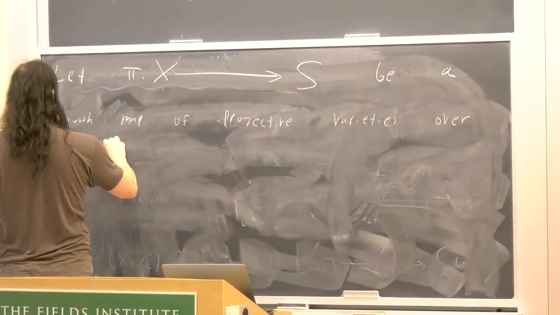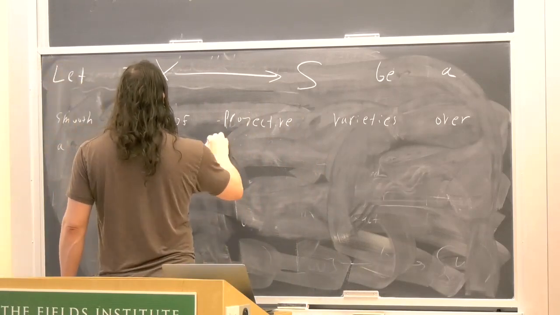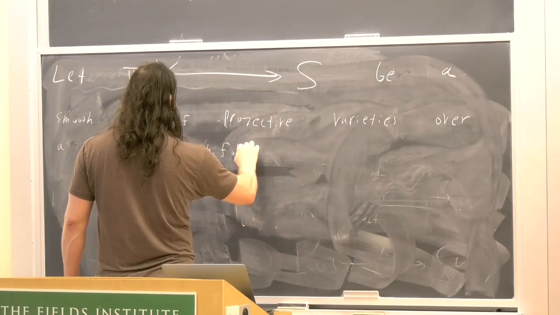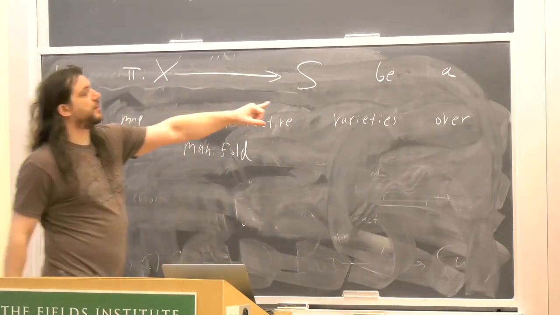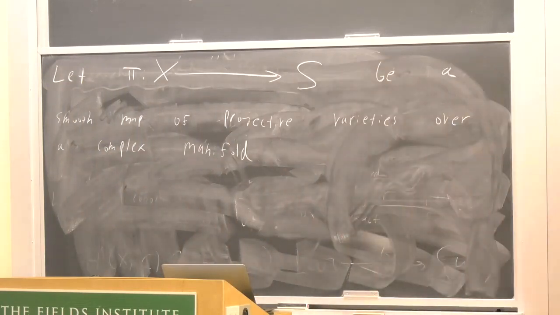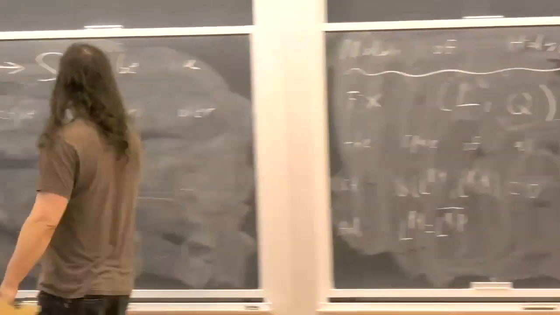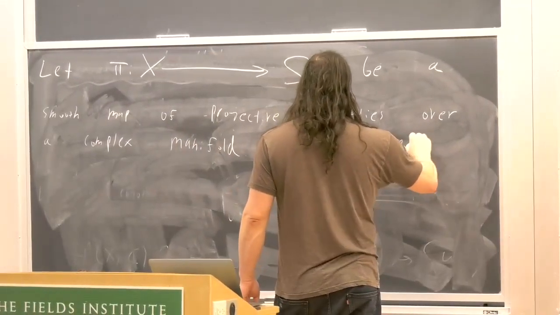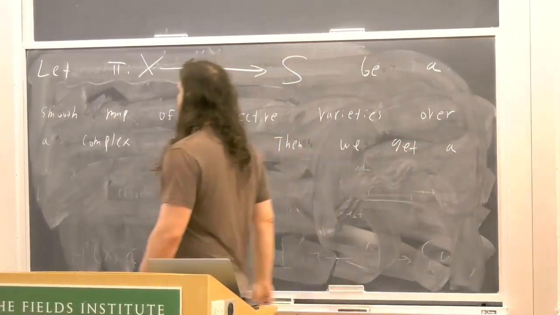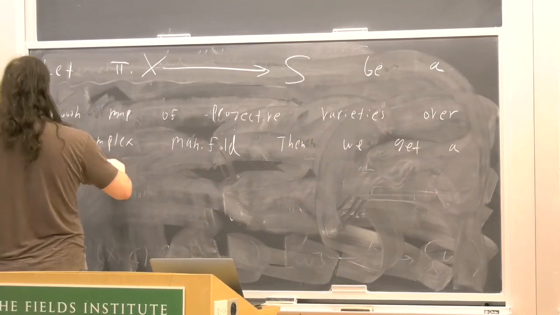That's not necessary, but let's just do that for now. Then we get a well-defined map from this S to this D mod G Z. And this is called the period map. It'll be our basic object of study.